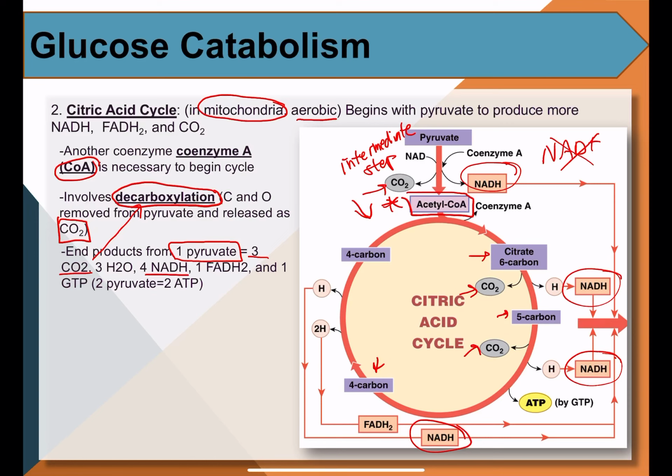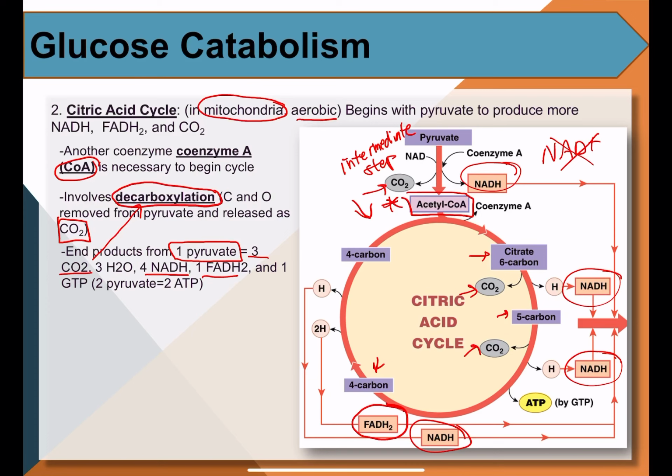4 NADH is the other thing that we are making through the process of Krebs cycle. We will be picking up electrons and hydrogens from different intermediates of the cycle, which then those electrons will be given to your NADH molecules here. So that's why we have 4 total gain of NADH. Now, 1 FADH2 is gained right here.